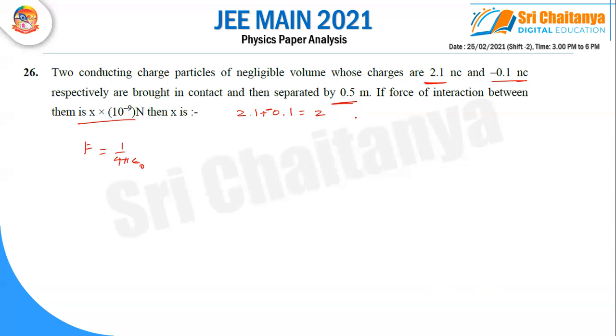And when they are separated, each of them will get 1 nanocoulomb and 1 nanocoulomb. So 1 into 10 to the power of minus 9 I take, and Coulomb's formula I am implementing, and the separation distance is given, 0.5 squared. I'm going to get this value as 36 into 10 to the power of minus 9. And we are interested in the x value. x is equal to 36.